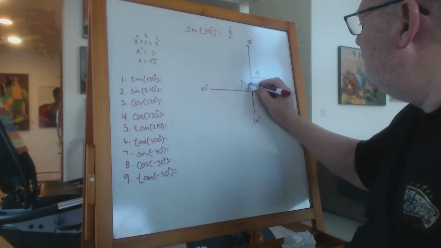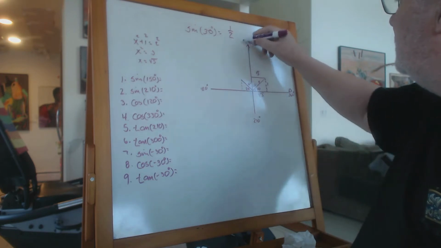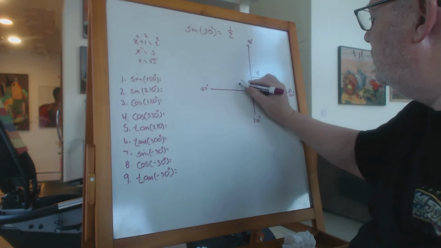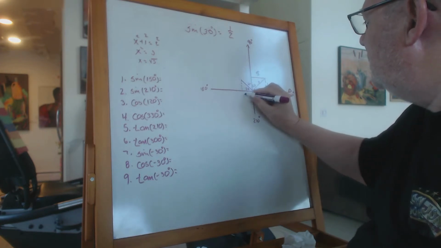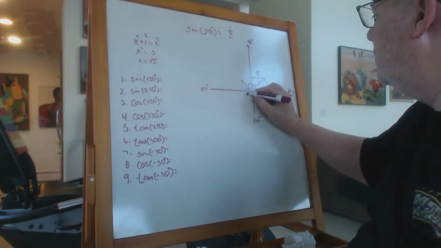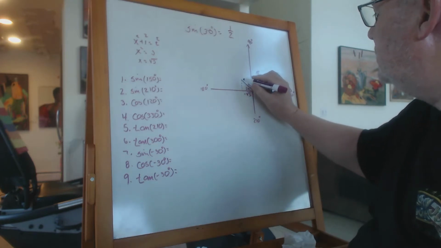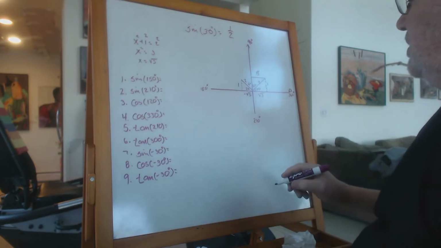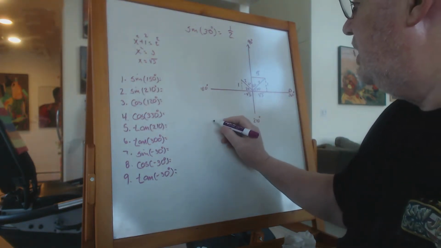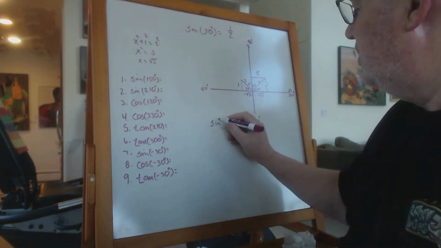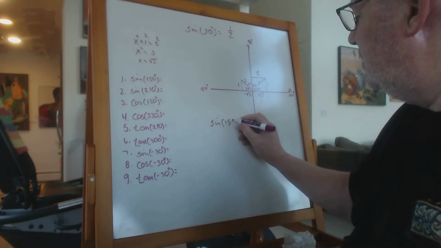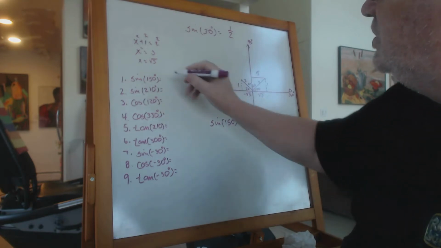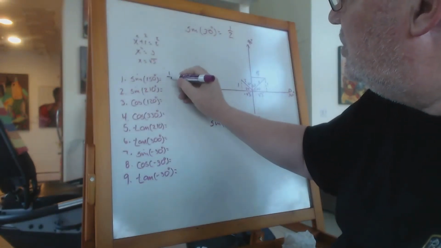This is 60. So this whole angle is 150. This would be negative square root of 3. This is 1 and 2. And so the sine of 150 is equal to 1/2. So that's our first solution.